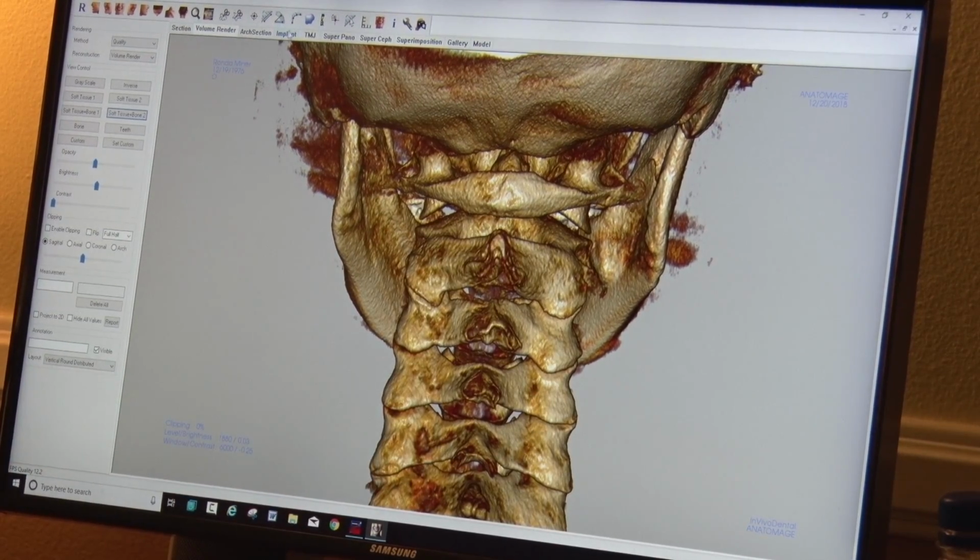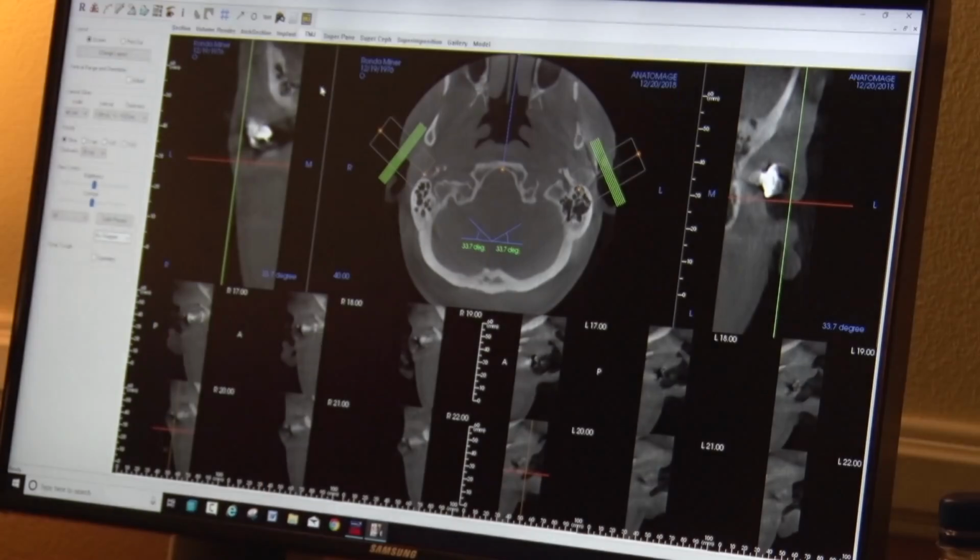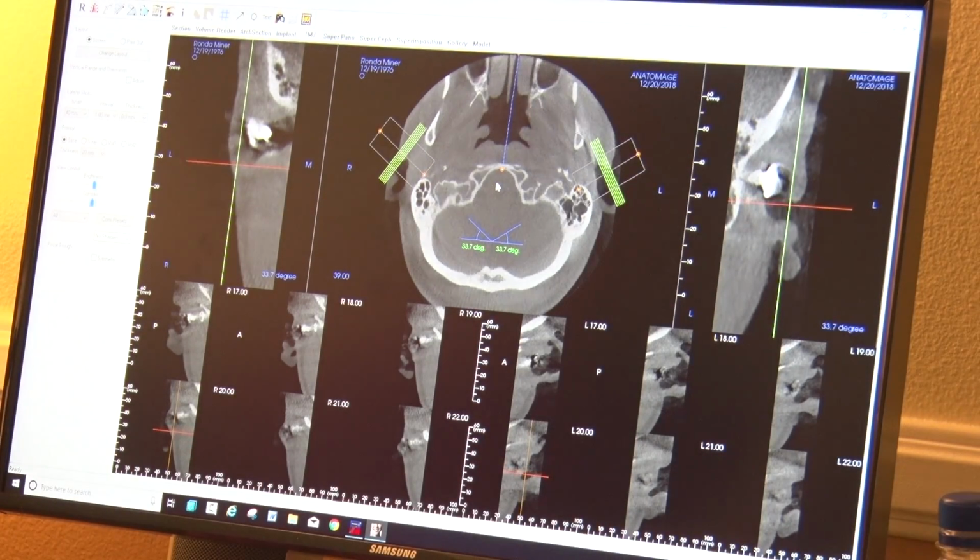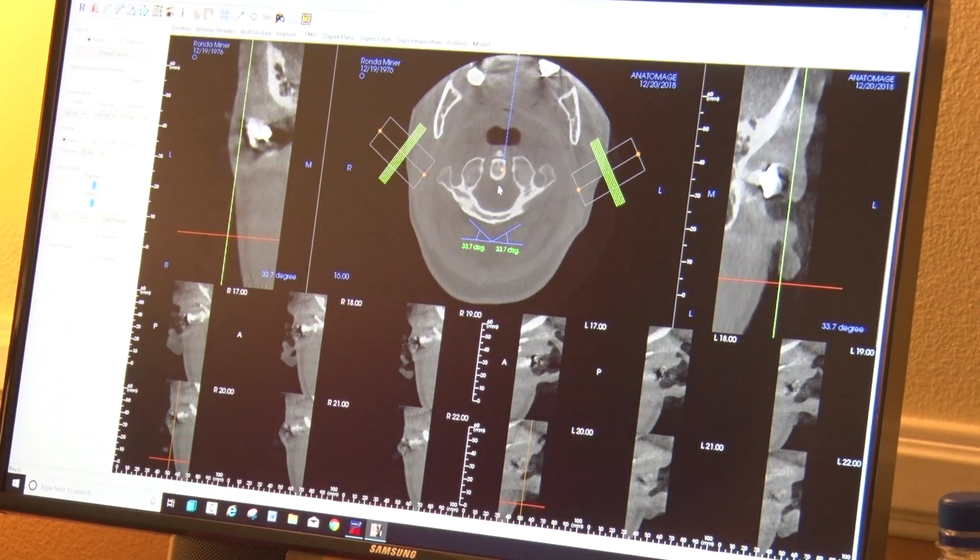And what we do that on a special screen, and this area here, there's the first cervical vertebrae, the atlas, and we're going to come right in.